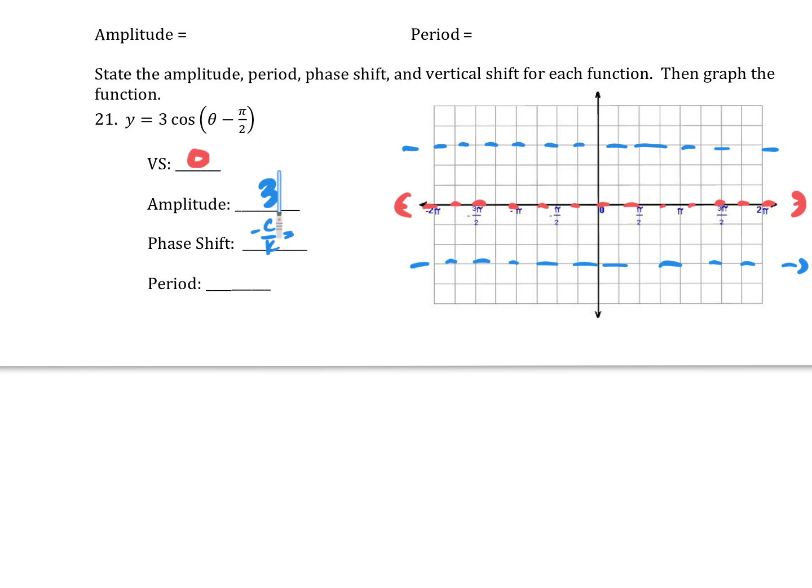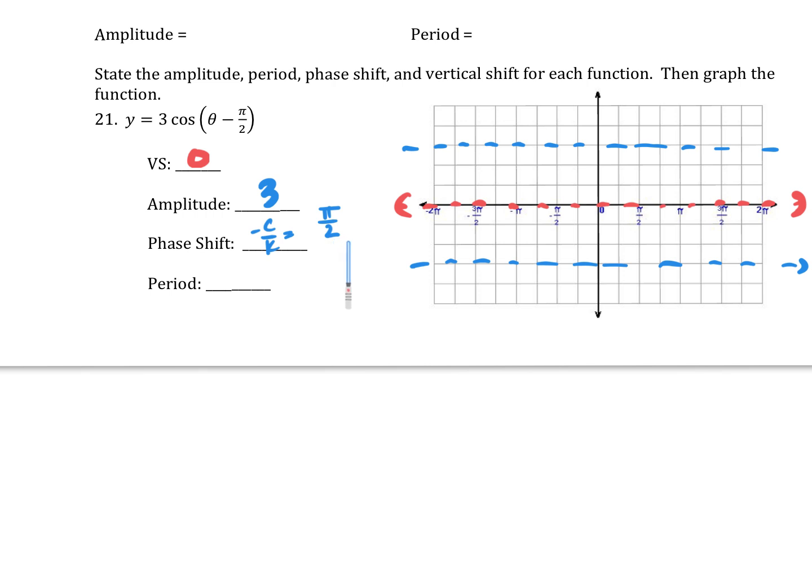C is always in the parentheses. It's not with the theta, and it's the whole thing over here. Exactly, it's that whole ditty. So negative C would be a positive pi over 2. You down with that? Divided by, what's my K, guys? Yeah, my K is 1. Are we cool with a phase shift of just pi over 2?